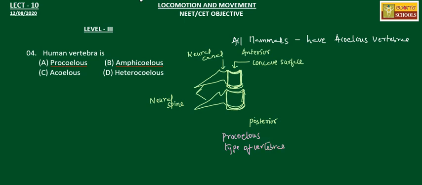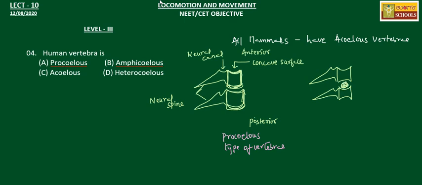Right, coming to amphicoelous, as the name indicates, it will have concavity on both the ends. So you will see the concavity on both the ends. Right, so this is the neural spine. I'm telling you that already you are seeing it from the lateral view, not from the top or the bottom.